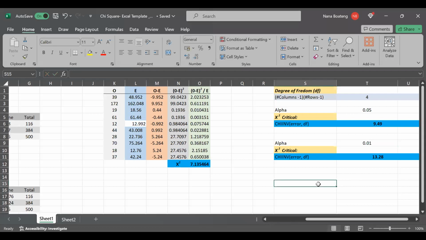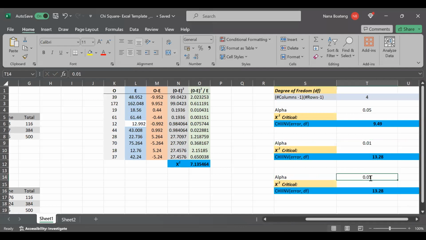What about if we do an alpha rate of 10%? This time around, our error rate will be 0.1.